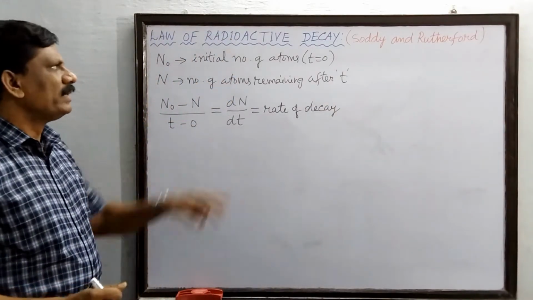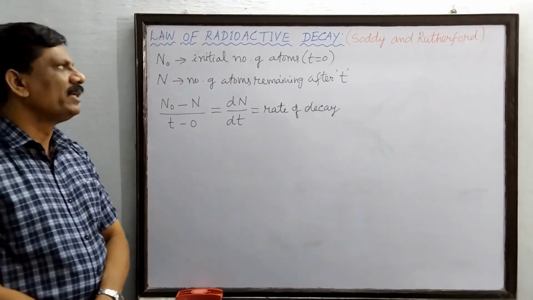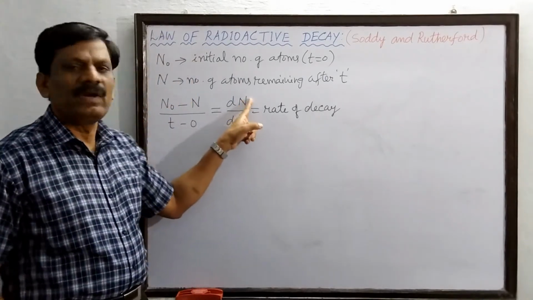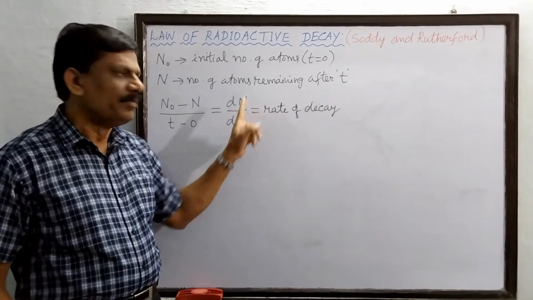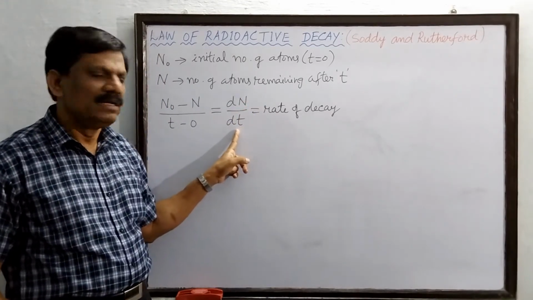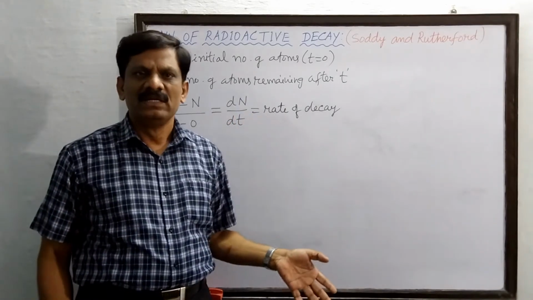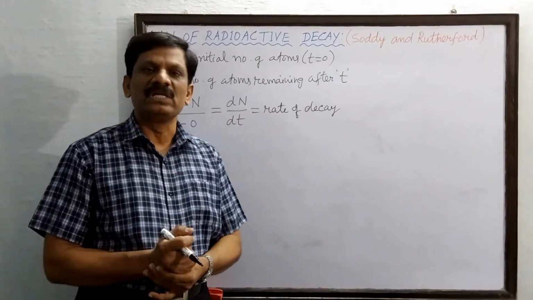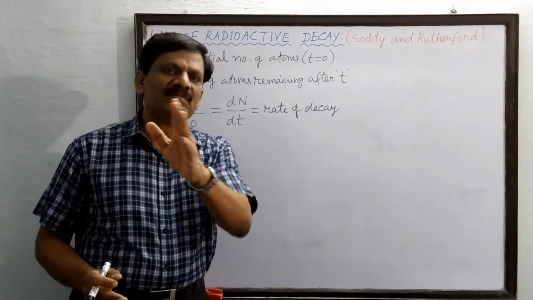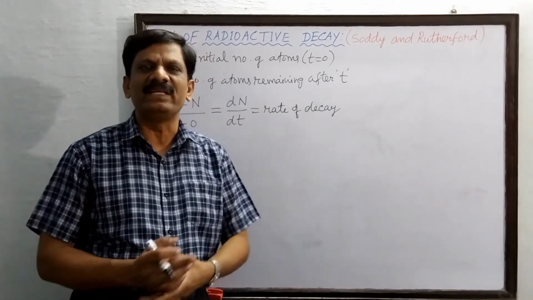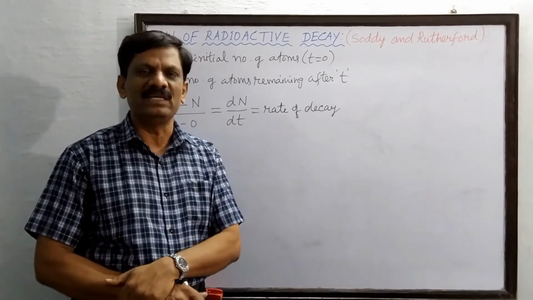Now what is the statement of this law of radioactive decay? The number of radioactive atoms disintegrating per unit time, or the rate of disintegration of a radioactive nucleus, is directly proportional to the number of atoms of the original kind which is remaining after a time t, that is at that given time t.